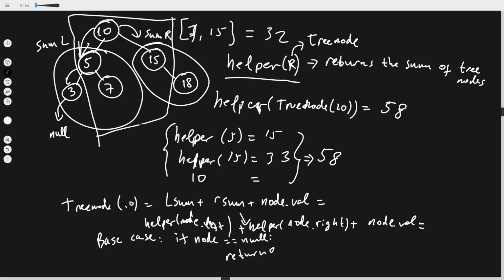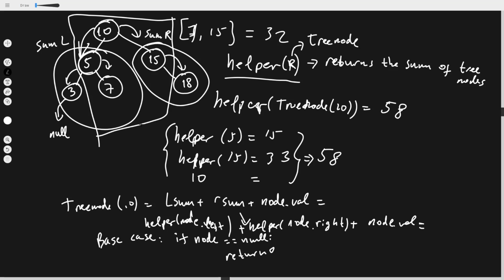Because it's redundant. A binary search tree, by definition, has on the left values less than the root. So we don't have to go to the left. But if this right is less than 15, then we can go to the right. So let's take a look at 15. Is 15 within the range? Yes. Then go to the next one.